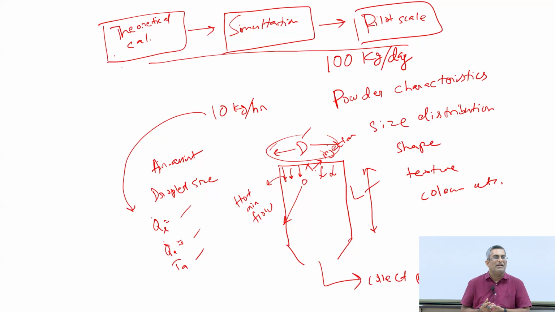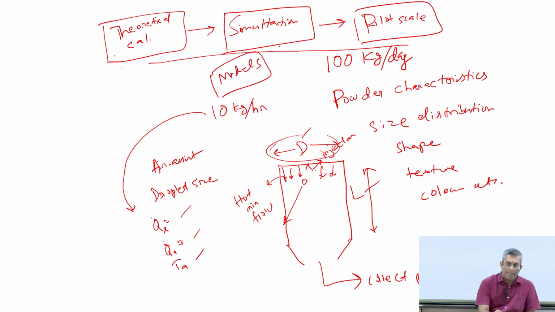Why? Because the simulations themselves require several models, and you need to validate the results from the simulations. Otherwise, how do you know they are right or wrong? So you need input from experiment.